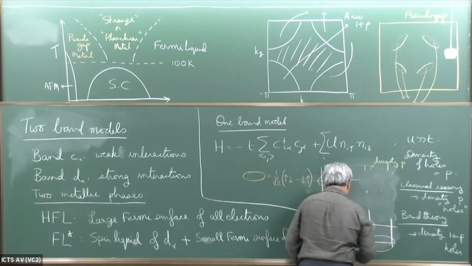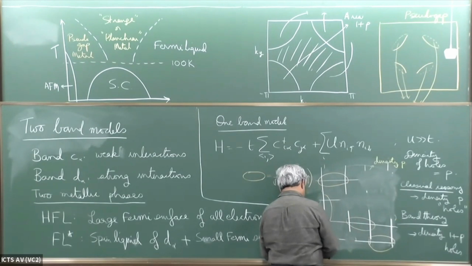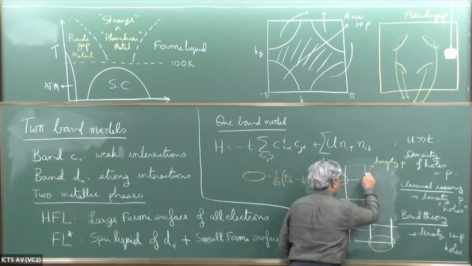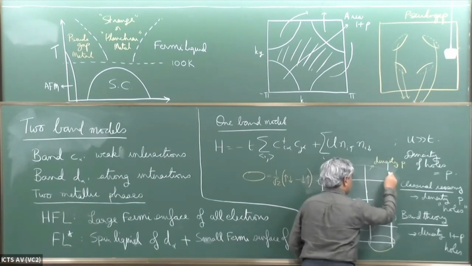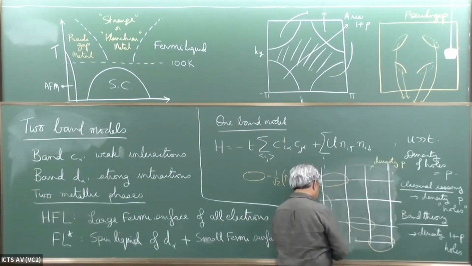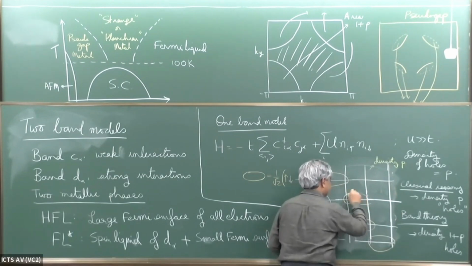I have some orange dimers, and I also have some yellow dimers. So what are those? I'll put some yellow dimers, and I hope you can see the difference, orange and yellow.